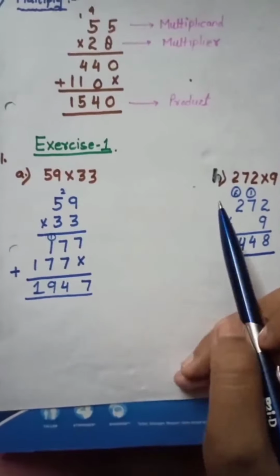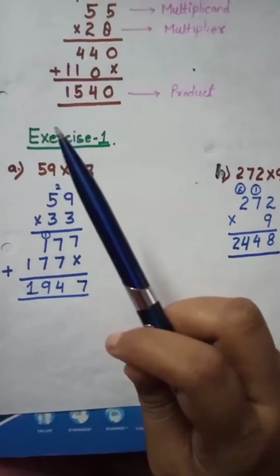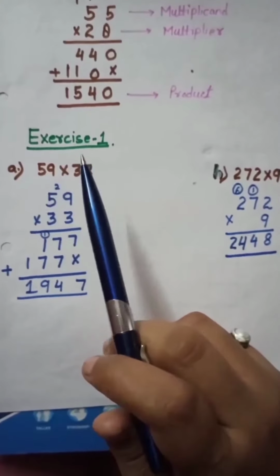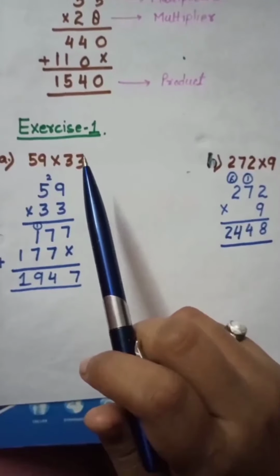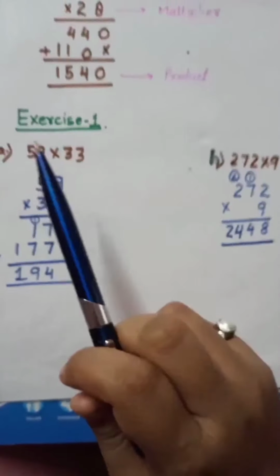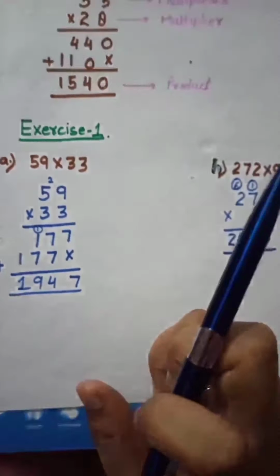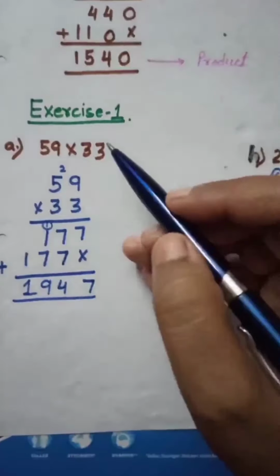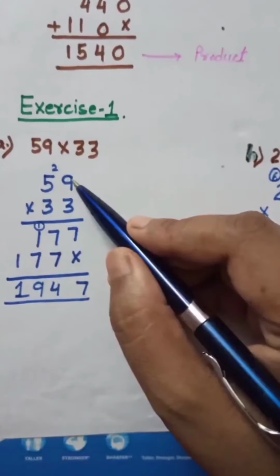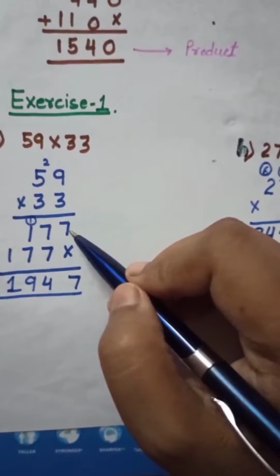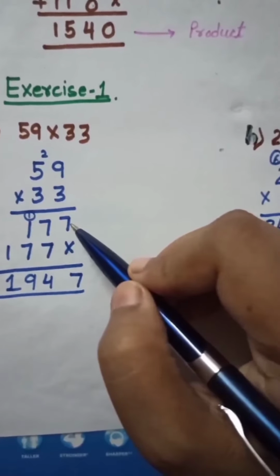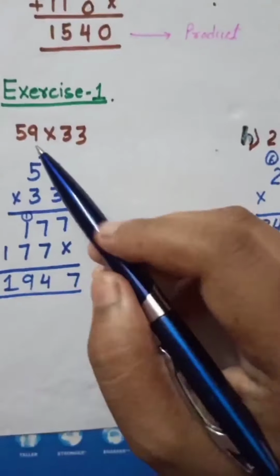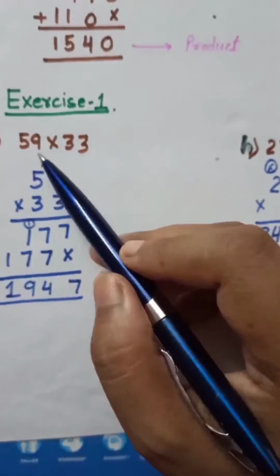I am doing two parts of question number 1. The first one is part A, that is 59 multiplied by 23. Okay, so we have to multiply 59 and 33. So see, 3 9s are 27. So this right hand digit will be written down over here, and the left hand digit will be carried over here.